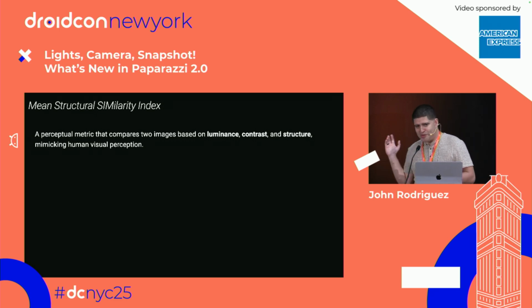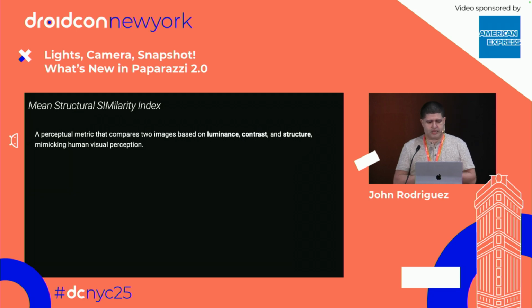And so as a very quick recap, there's a paper that you can read if you really love the math. This is a perceptual metric that compares images not on pixel perfection, but on those concepts of luminance, contrast, and structure. If you have a button with a sharp border on a light background, you would expect any deviation to be flagged as incorrect. But if you have dithering from a gradient inside of a circle, maybe not so much.